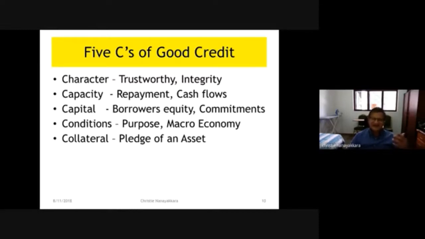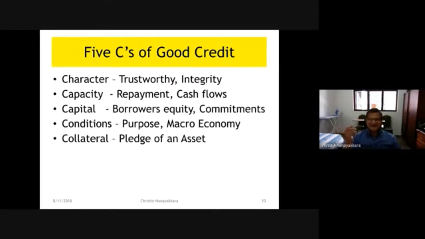But what we can do is run a report, or ask for his past bank statements to see how he has serviced his previous facilities and how he has maintained balances. Those will amount to some kind of trustworthiness or integrity. Integrity is actually the trust you have on the customer. So trustworthiness is what is important to give him a good character certificate, especially if he has come in for a banking facility.